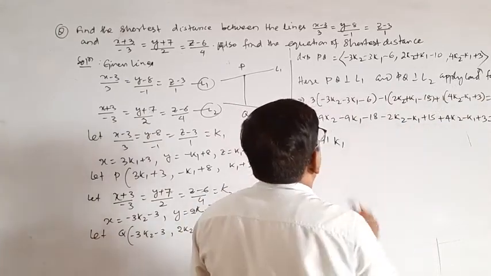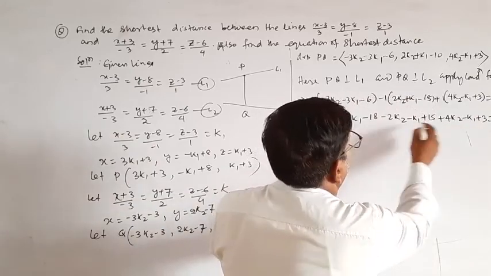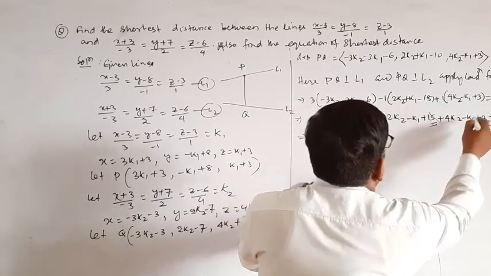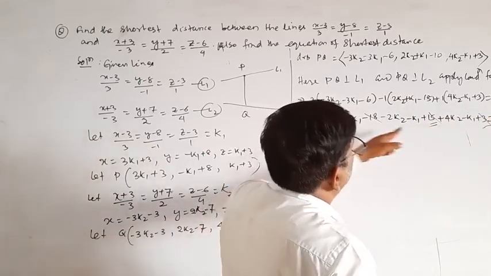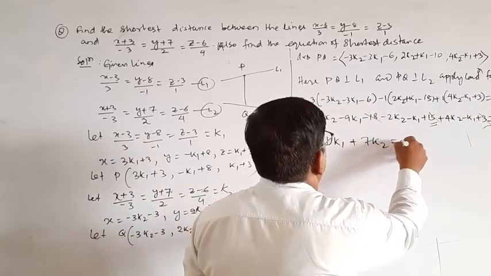This is 11k1, this is 15, and this is 318, so this goes cancel. Okay, 11k1 plus 9k2, this is plus 7k2 is equal to 0.